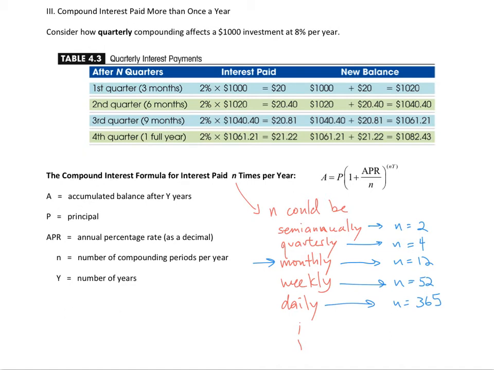In the formula, you can see the only difference is that we divide the APR by this n, and we multiply y, the number of years, times n. And that is because, let's think of a worst case scenario. Your credit card charges you 24% interest on your purchases.